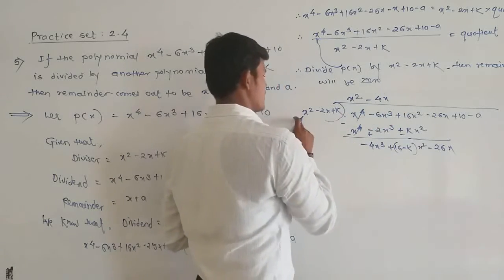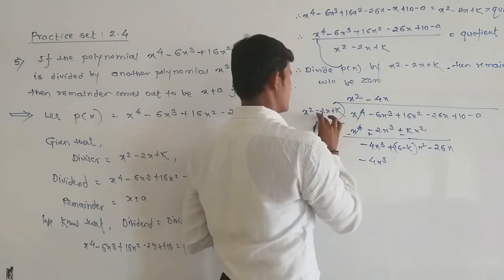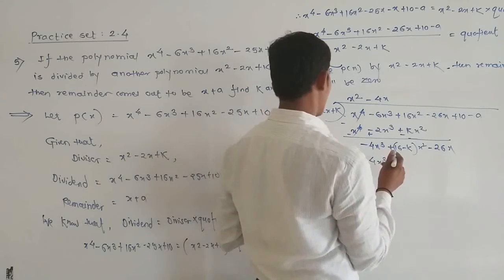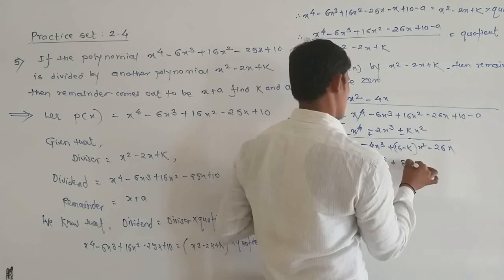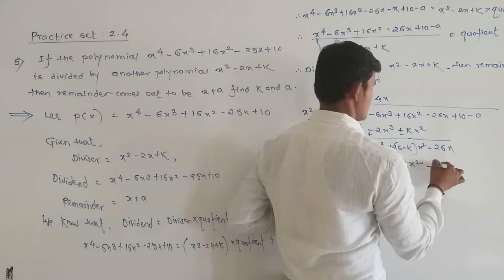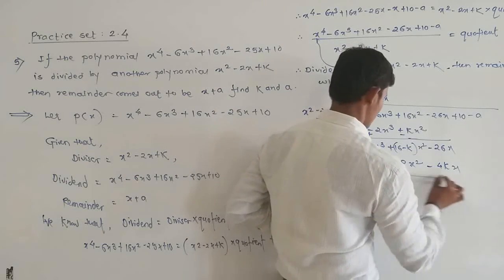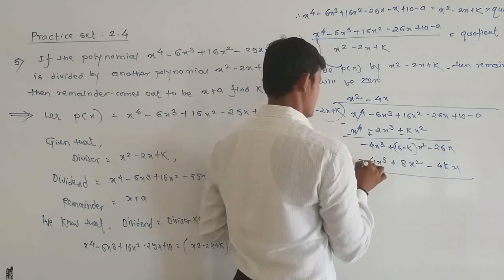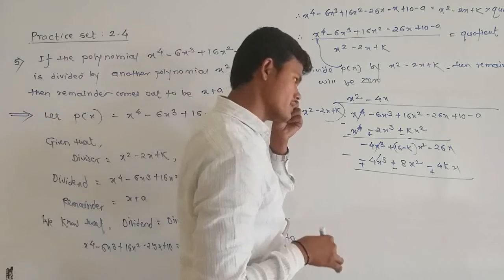So minus 4x into x square, minus 4x cube; minus 4x into minus 2x, plus 8x square; plus 8x square; minus 4x into k, minus 4kx. Now sign of second expression changes. Minus 4x cube plus 4x cube get cancelled.